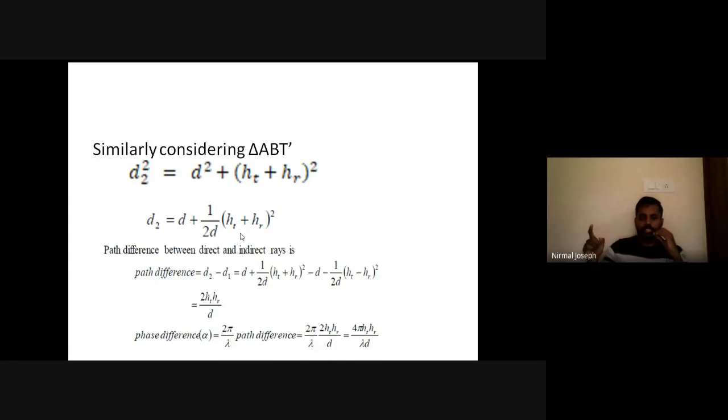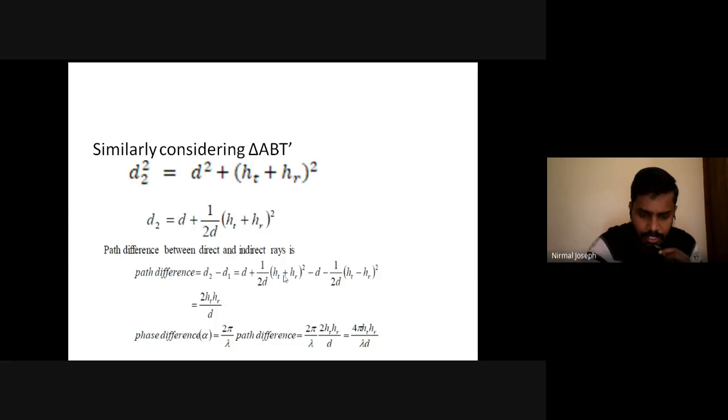The (ht plus hr) whole square we have to expand, and (ht minus hr) whole square also we want to expand. All things will be cancelled except, in (a plus b) whole square, a term 2ht hr will come. That will be positive here, since it is ht plus hr.